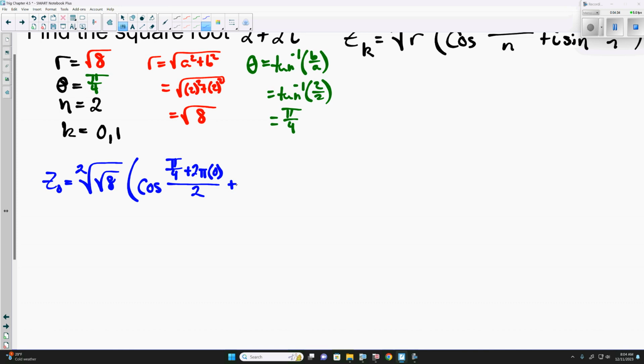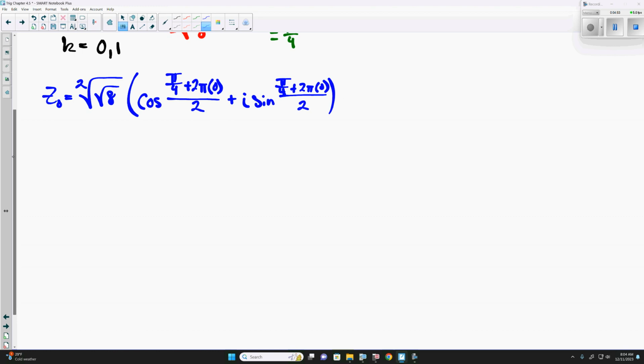So we're filling in pi over 4 as theta, and our k values for this first one are all going to be 0, plus i sine of pi over 4 plus 2 pi times 0 over 2. So this here is our z sub 0.